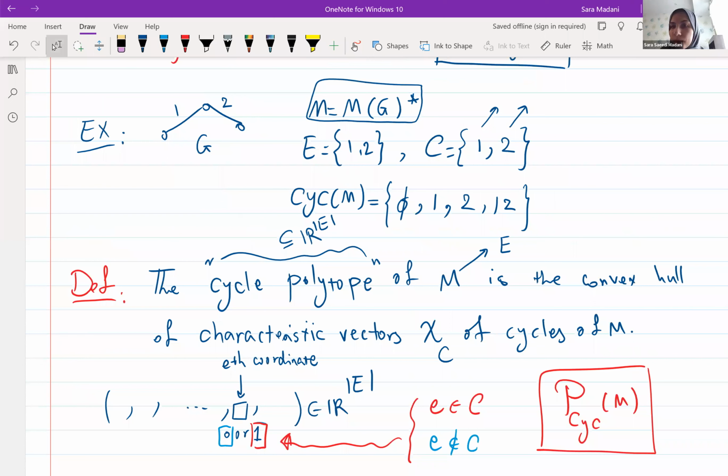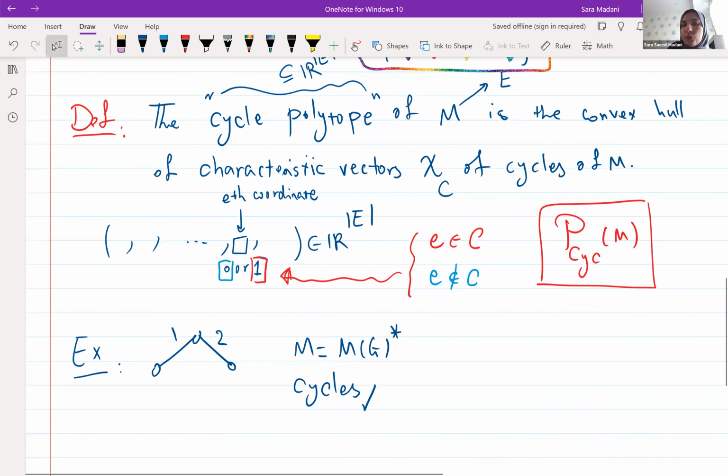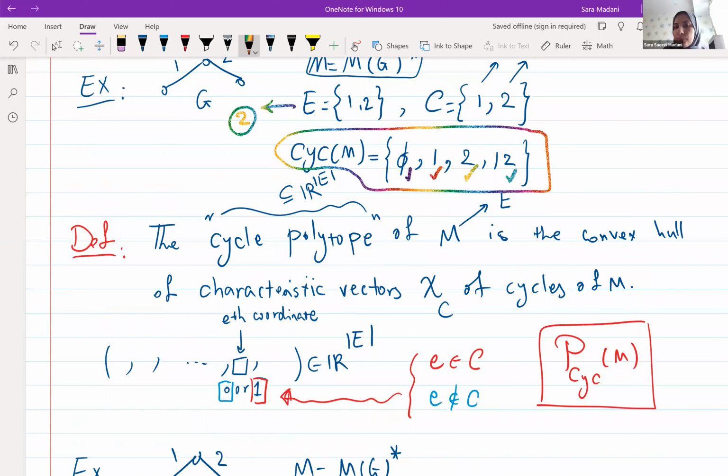Now I should associate to each of these cycles a vector. And since here E is of cardinality 2, it means that my polytope is inside R2.